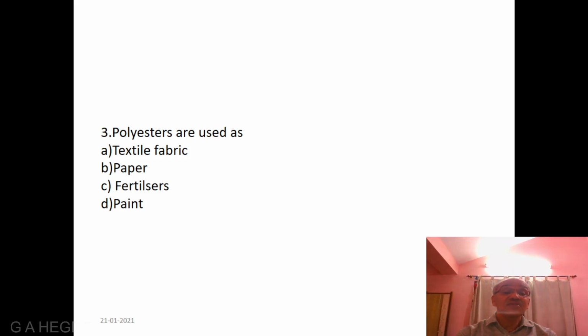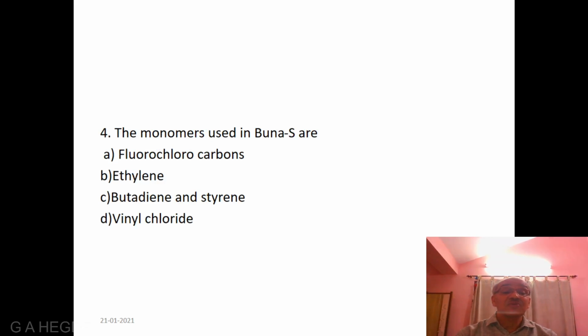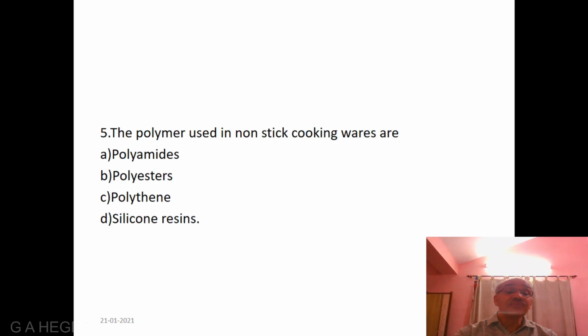The third is, the polyesters are used as: the answer is A, textile fabric. The fourth one, the monomers used in Buna-S are: the answer is C, butadiene and styrene. The last one, the polymer used in non-stick cooking wares is silicone resins.